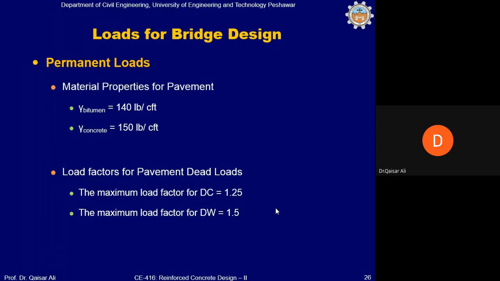Therefore, the chances of increase in the dead load due to wearing surface are very high. Therefore, a larger load factor is assigned to the wearing surface as compared to the load factor of the structural and non-structural components of the bridge.